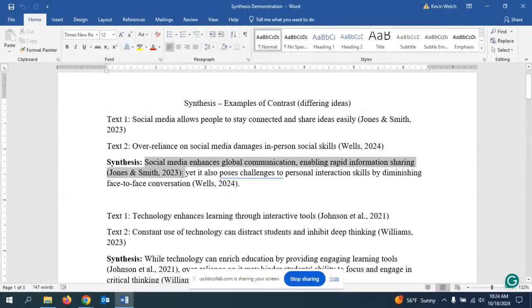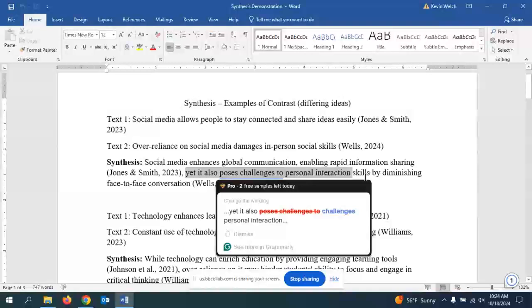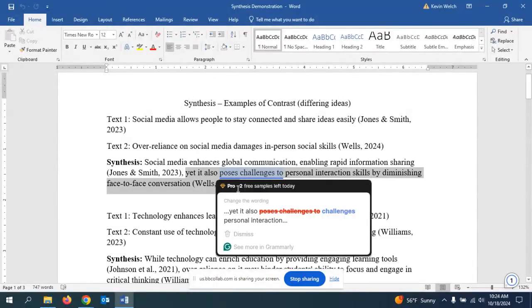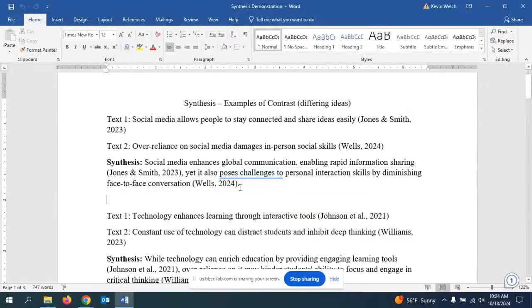Okay, this is a paraphrased version of this from text 1. And notice that when I give that idea, I provide the source in APA in-text citation. Yet it poses challenges to personal interaction skills by diminishing face-to-face conversations. And I give the source for that.